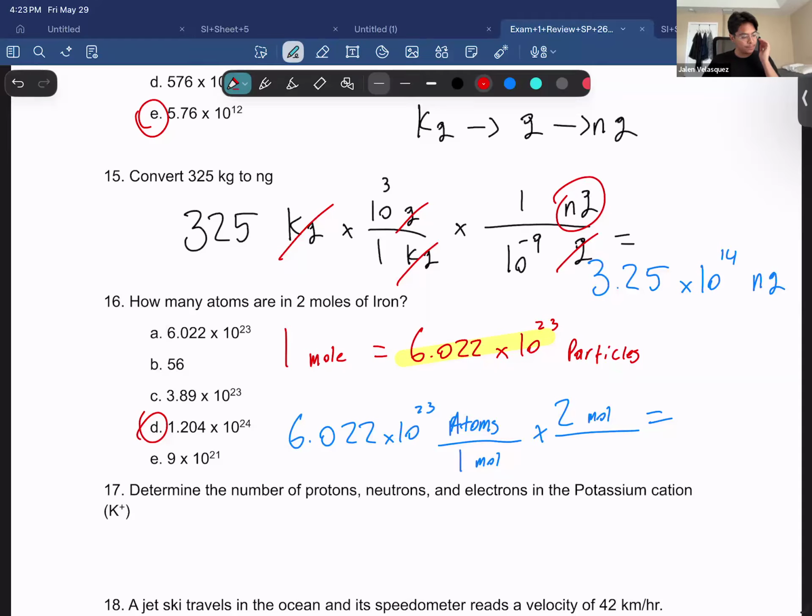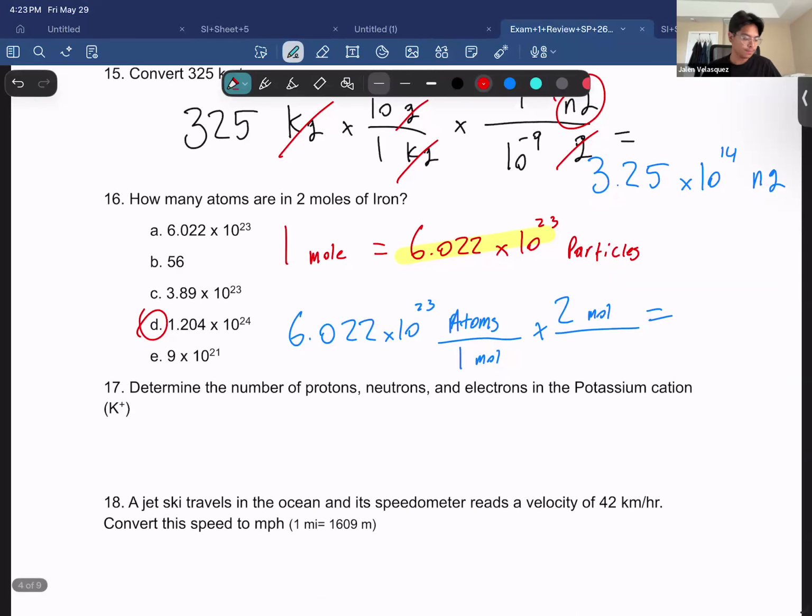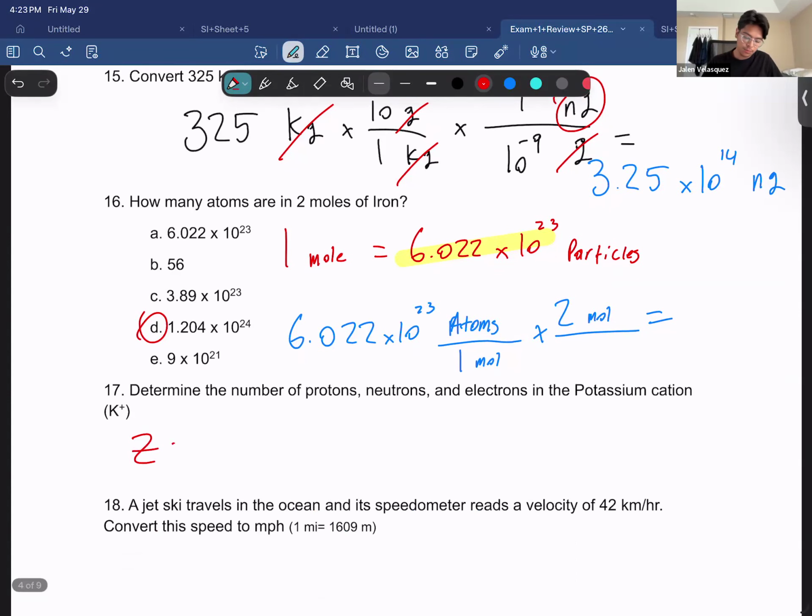Okay. For number 17 here, I want to determine the number of protons, neutrons, and electrons in the potassium cation. So remember that protons are denoted by the letter Z. For neutrons, we just use the letter N. And electrons, we denote by e negative, because electrons have a negative charge.